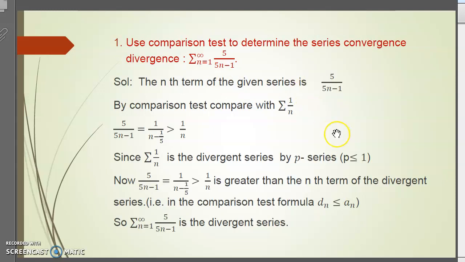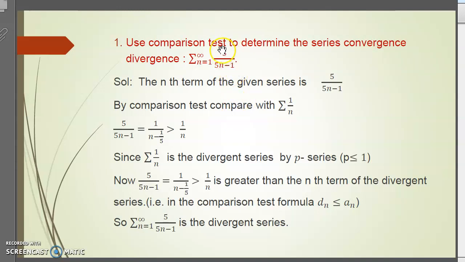Here, see one question. Use the comparison test to determine whether the series converges or diverges. The nth term of the given series, first step we need to take, is 5 over 5n minus 1. In the comparison test, we compare the given series with the nearest series to it. How can we take that?